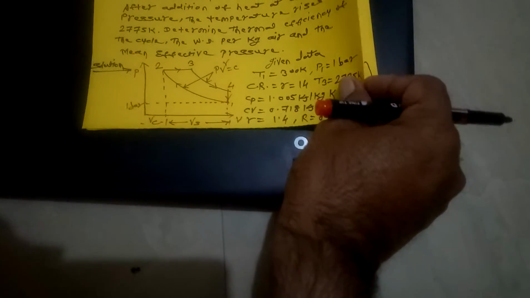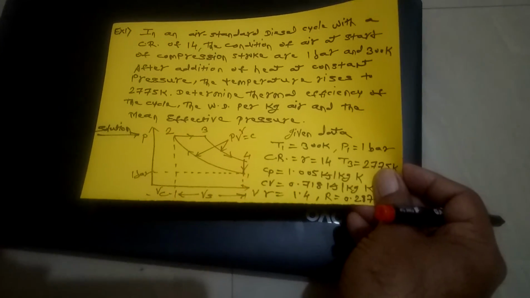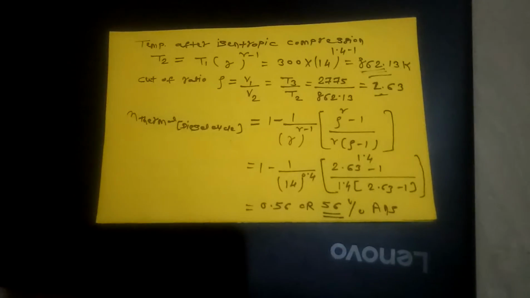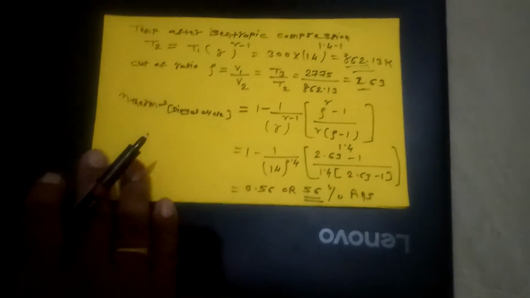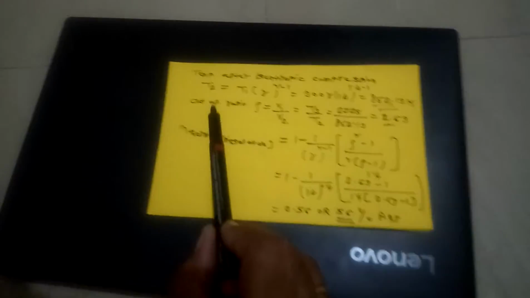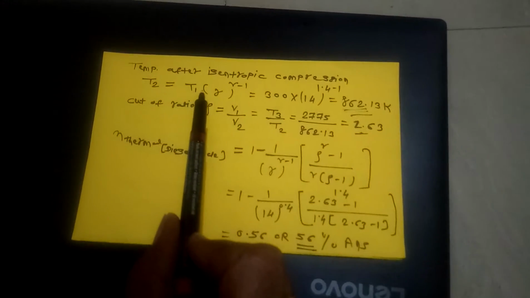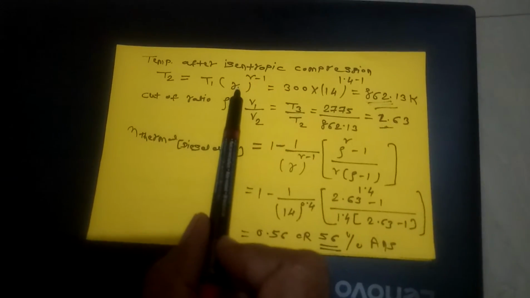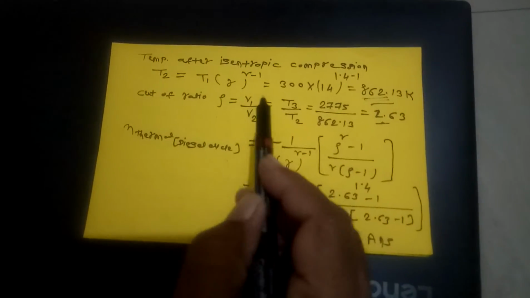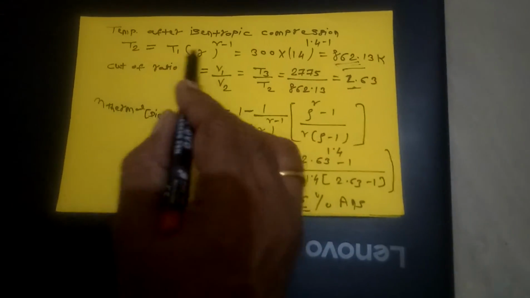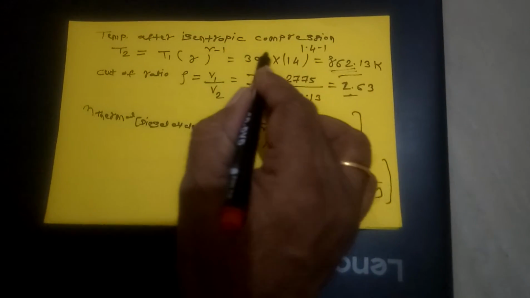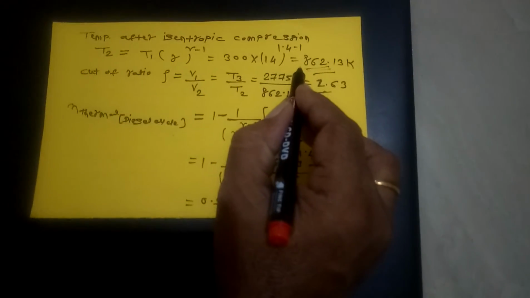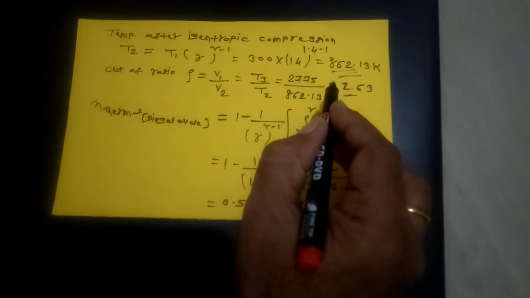So let us see one by one how we proceed to get the required results. So we want to calculate the T2. T2 is nothing but the temperature after compression. T2 is equal to T1 times r to the power gamma minus 1. So by knowing this formula we will calculate the T2 value, that comes 862.13 degree Kelvin.